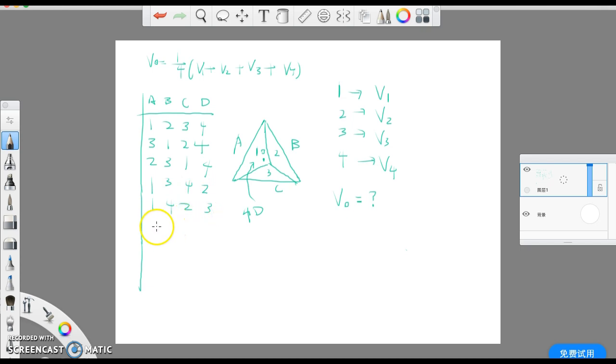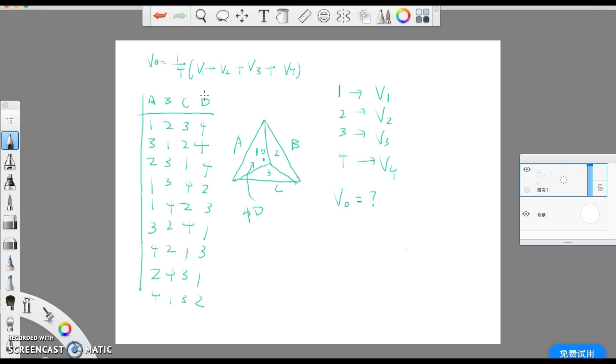And if we fix face 2, we have 3, 2, 4, 1 and 4, 2, 1, 3. And if we fix face 3, we have 2, 4, 3, 1 and 4, 1, 3, 2. Corresponding to position A, B, C, and D.